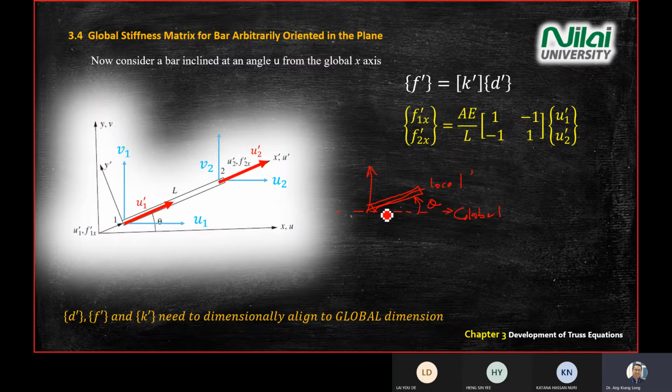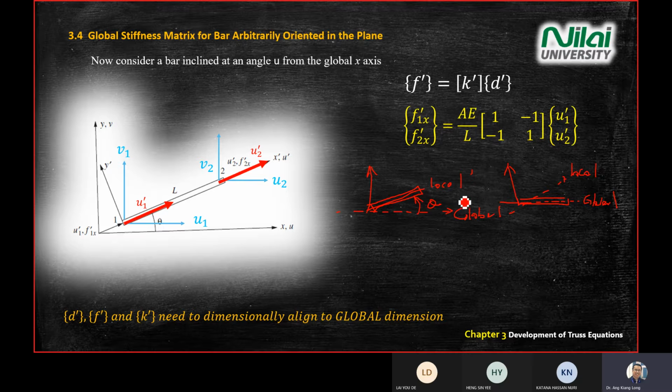Okay, so it's important. It will be different if your object is aligned on the global axis and then you need to convert into local. It will be a different case.